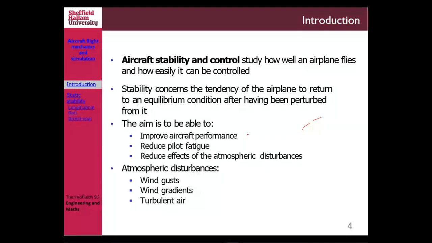Now, if you are able to analyze that, then you could do something about it, and that has to do with control, how well you design your control in order to improve the aircraft performance. If the aircraft is stable, you will greatly reduce the pilot workload.